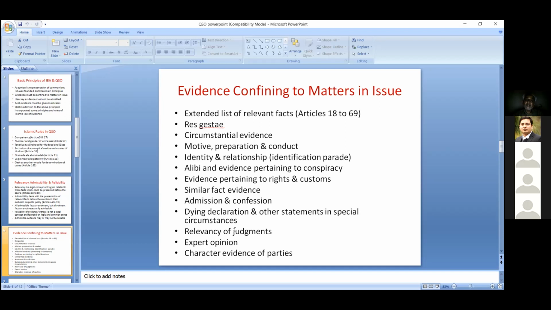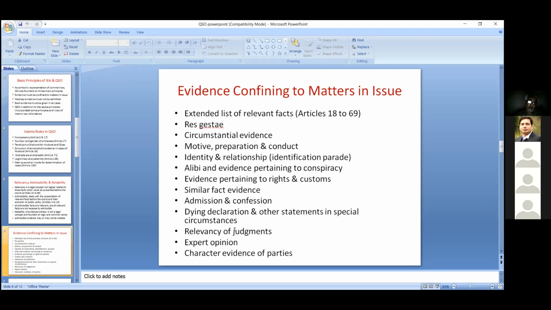For res gestae, relevant pieces of evidence, circumstantial evidence in Article 19 and 20, motive and preparation in Article 21, identity and relationship in Article 22, alibi Article 24, evidence pertaining to rights and customs 26, and there are some other provisions, and similar fact evidence Article 26 and 27, admission and confession.